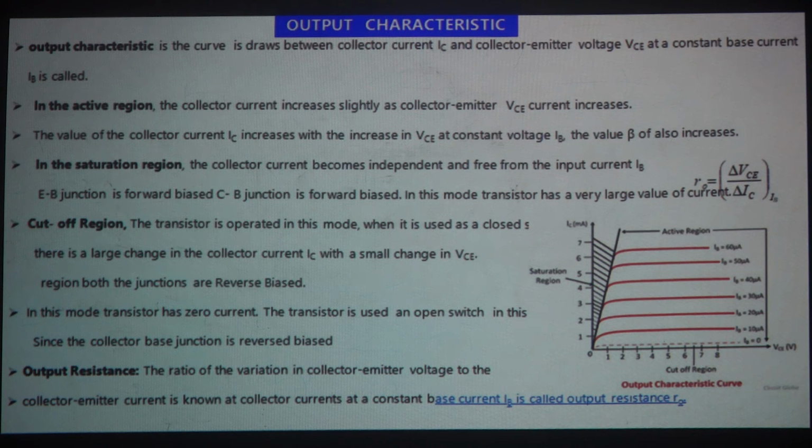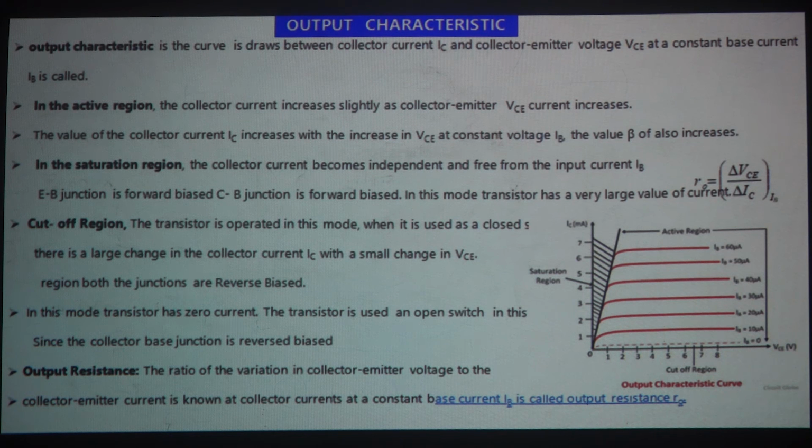Now in the active region, the collector current increases slightly as the collector to emitter voltage increases. The value of the collector current IC increases with the increase in VCE at a constant value of IB, and the value of beta also increases in the active region.